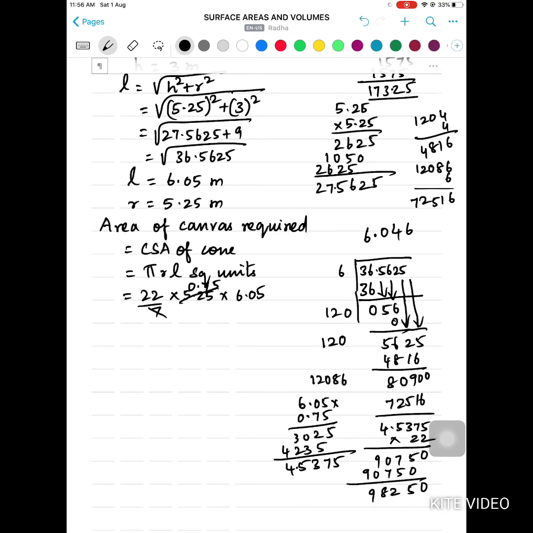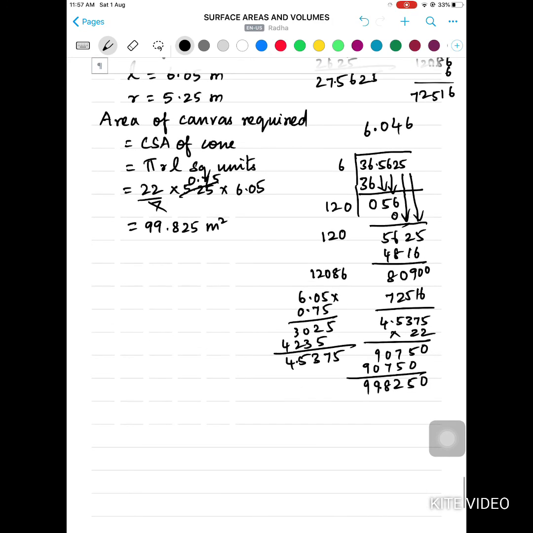4.5375 into 22, is it correct? So you get 99.825. So it is 99.825 meters square. So what is it that they asked?